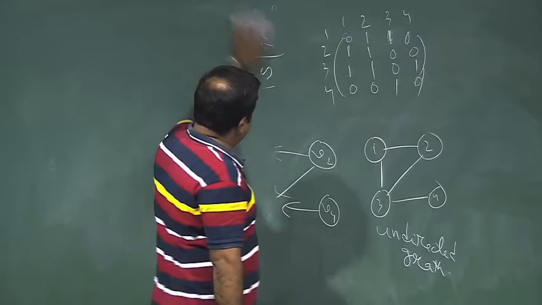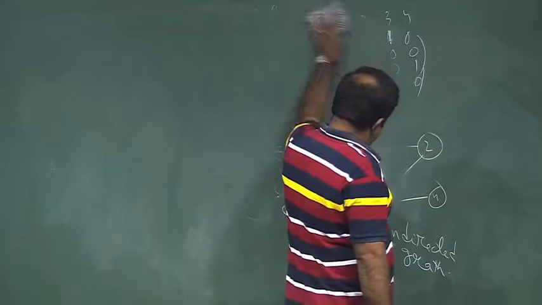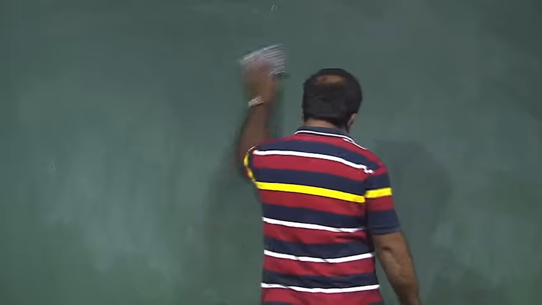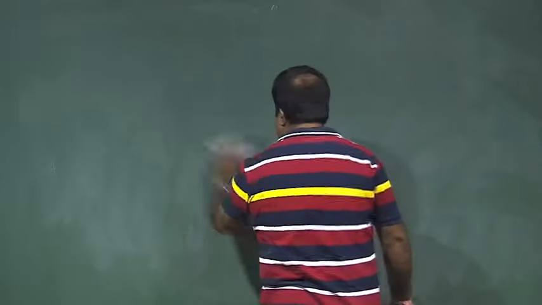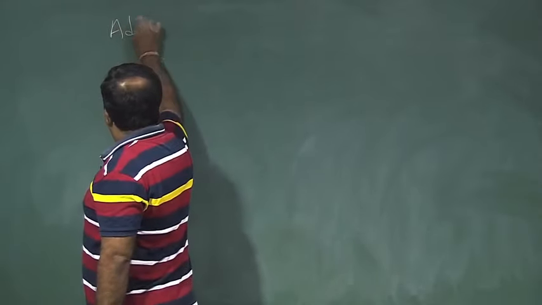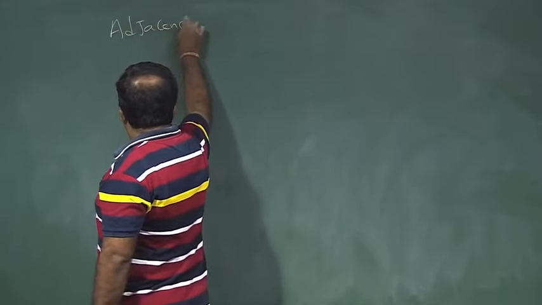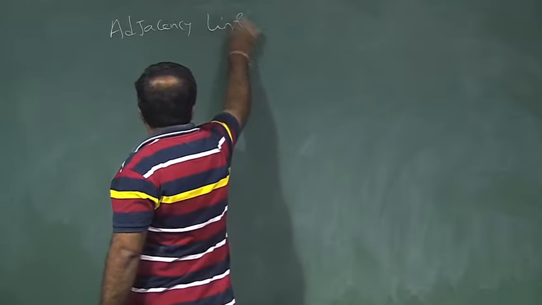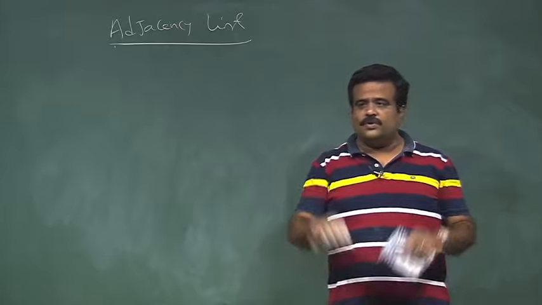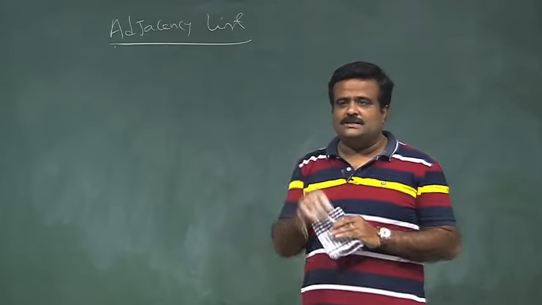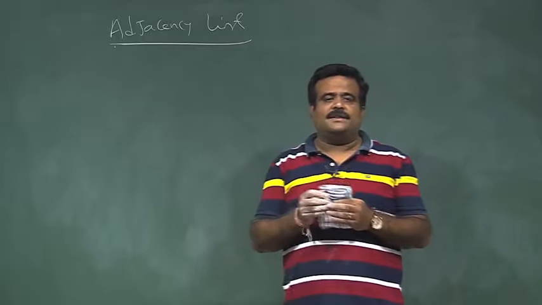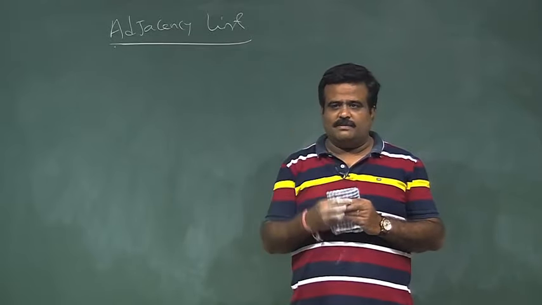So, for that we have what is called an adjacency list. That is also one way of representing a graph. So, in an adjacency list we take a vertex and we have a linked list corresponding to each of the vertices. This list contains the vertices which are connected to that vertex.